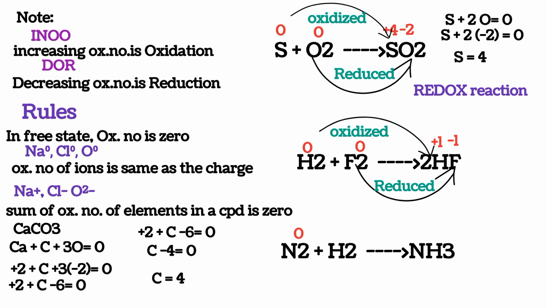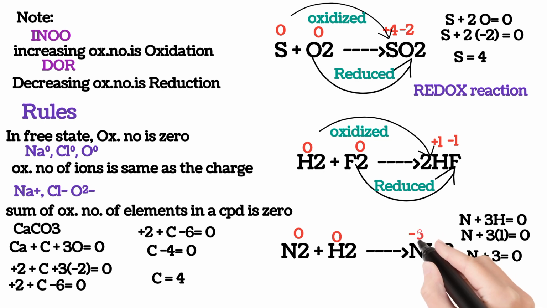Let's look at N2 plus H2 to form NH3. In free state, nitrogen has oxidation state of 0 and hydrogen oxidation state of 0. So to get the oxidation state of nitrogen in NH3, we say N plus 3 hydrogen equals 0. Hydrogen has oxidation state of +1. So N plus 3 into 1 equals 0, so N plus 3 equals 0, and N equals -3.